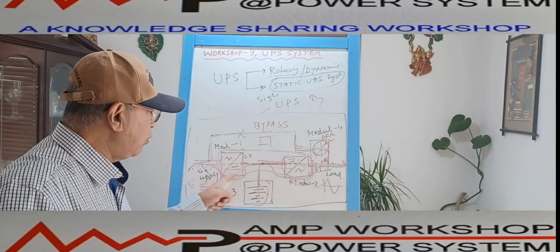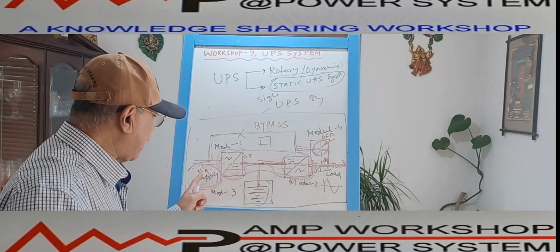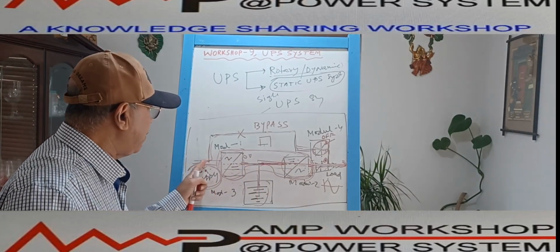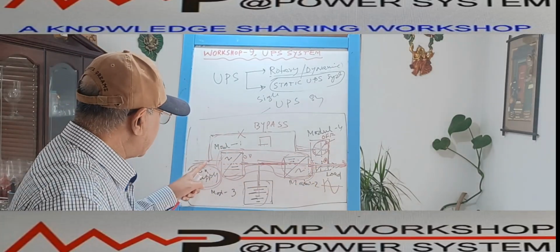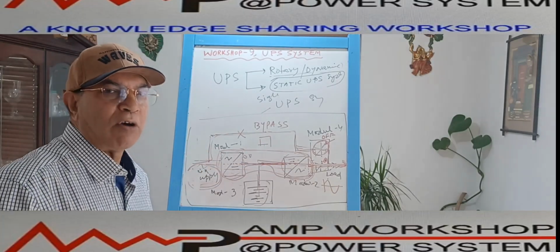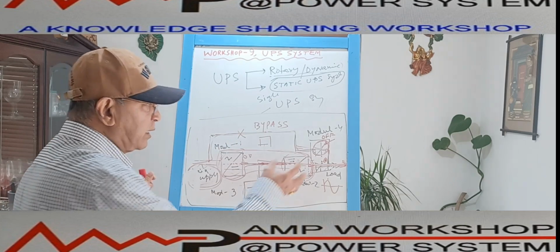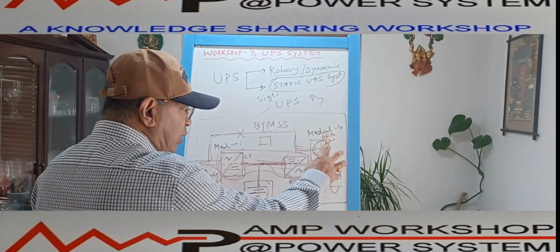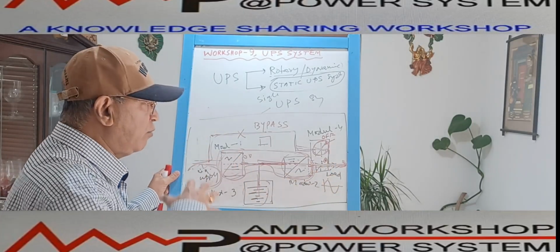All this we can do in the design of the rectifier and inverter. But when I take the outside main supply directly to the load, I don't have this control. So the bypass supply is not a regulated supply, and a lot of ripples and harmonics will be there. If the load is very sensitive to this, then we have to think alternatively about how to do it.